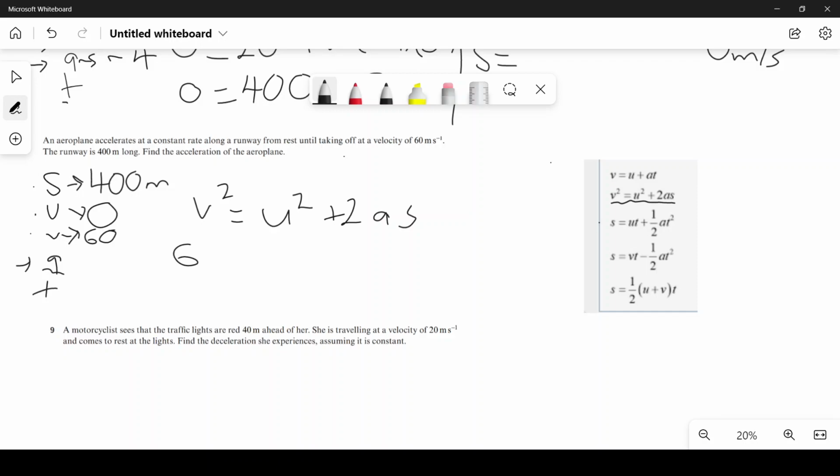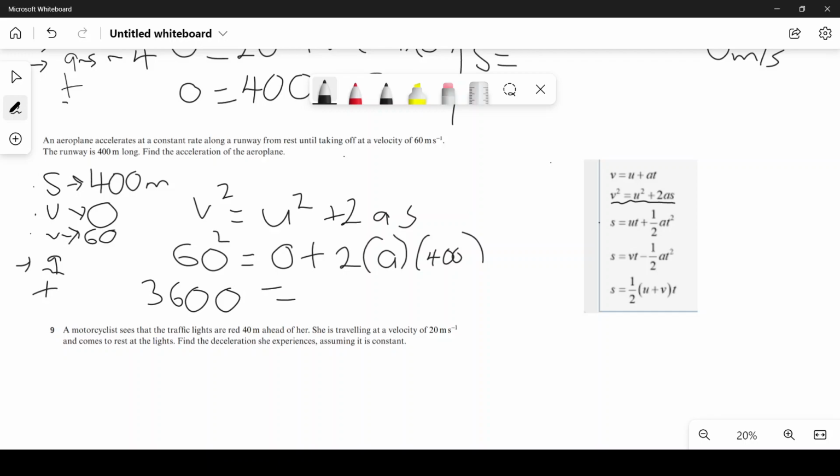So v squared, 60 squared, is equal to u squared, which is 0, plus 2 times the acceleration we don't know, times the displacement, 400. 60 squared, what's that going to be? 3600 is equal to 0, that's just going to be removed, plus 2 times 400, which is 800a.